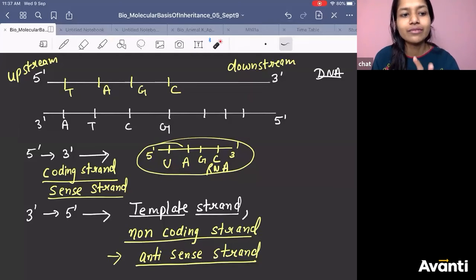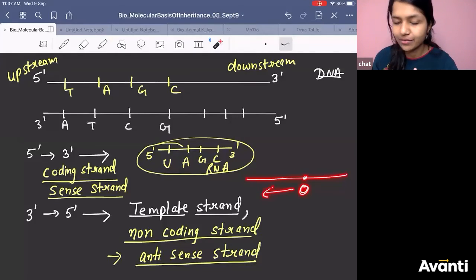Don't come fighting with me, ma'am, why. This is the convention of naming in the process of transcription. This is the convention, na? If 0 is here on a number line, when you go to left, you write negative, and when you go to right, you write positive. This is the convention, right?